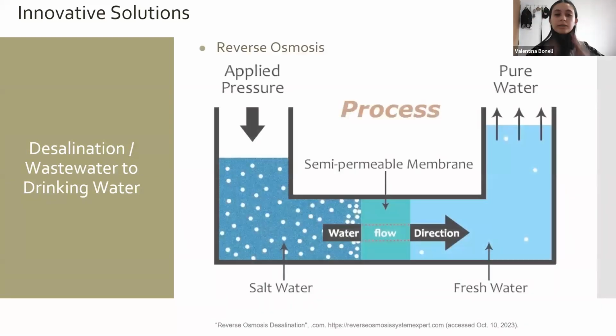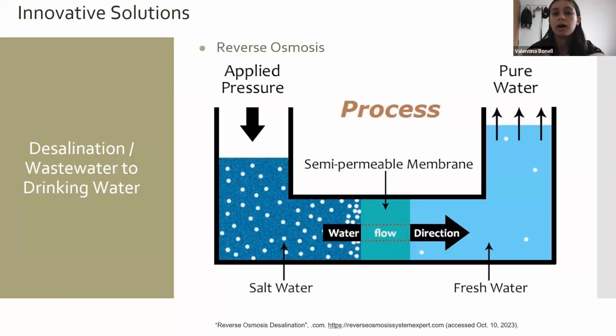Reverse osmosis uses a semi-permeable membrane with very small pores that traps contaminants as water passes through it.